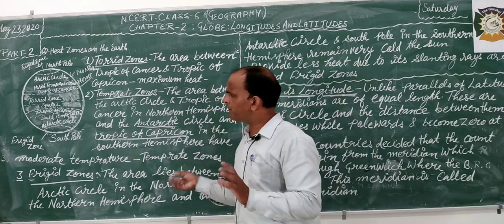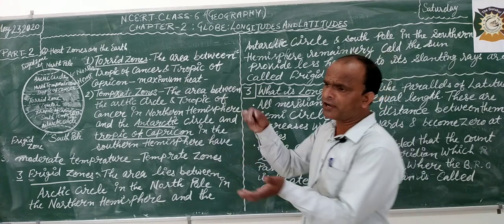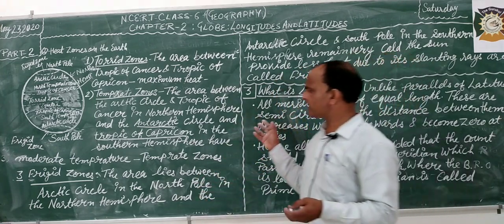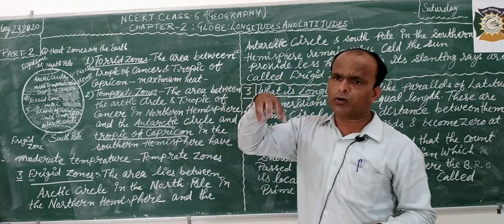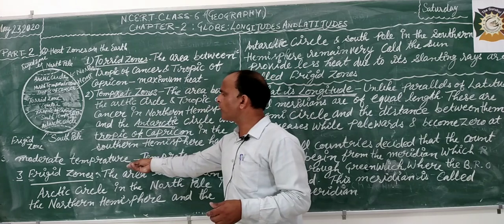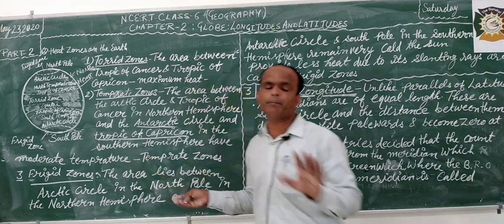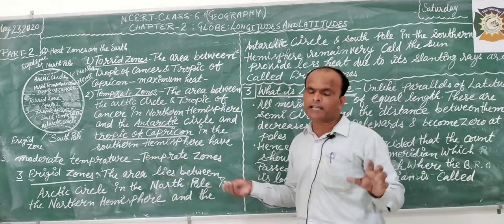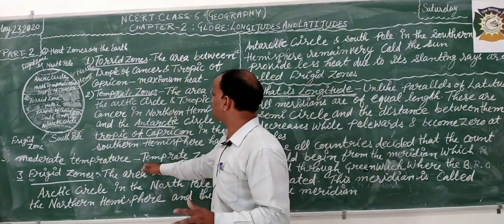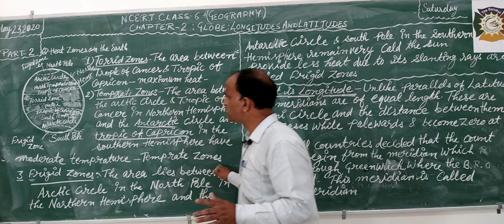Here the sun's rays are slanting, not overhead on this part. That is why this part always has a moderate temperature, and so it is called the temperate zone.